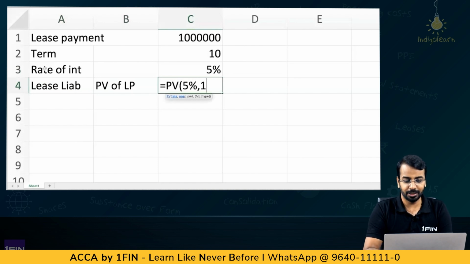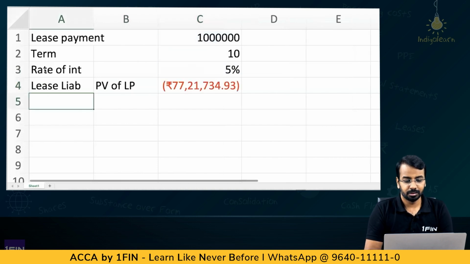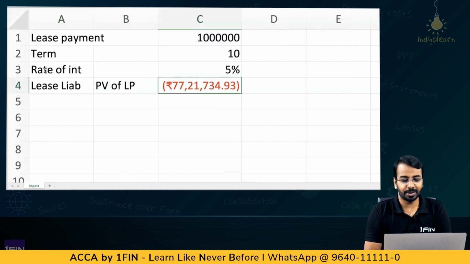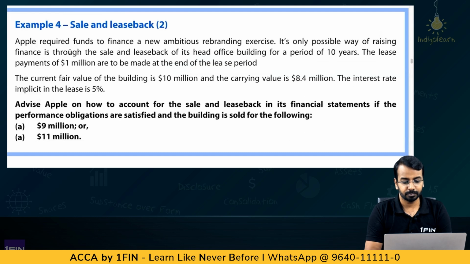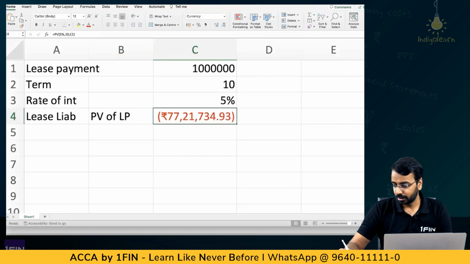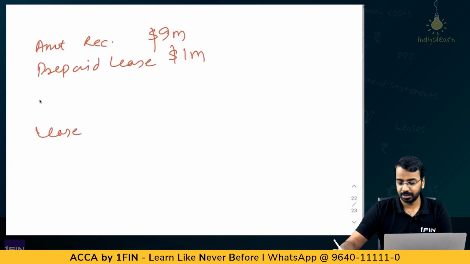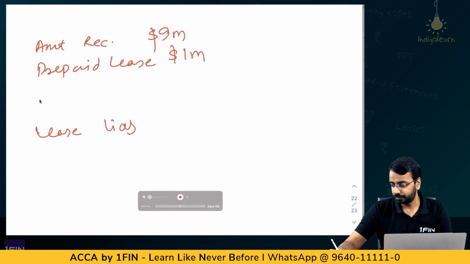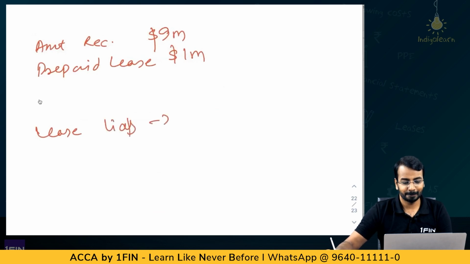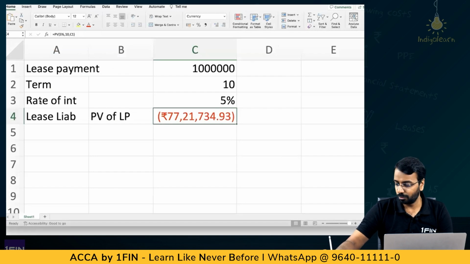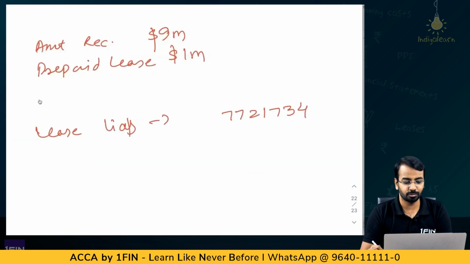For 5%, 10 years, and 1 million, the present value of lease payments comes to 7,721,734. This is the lease liability.